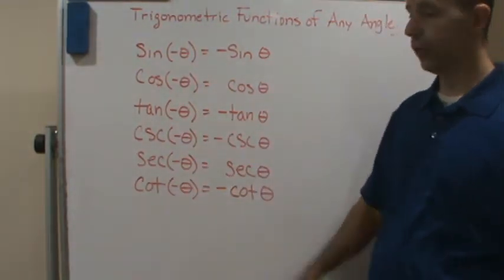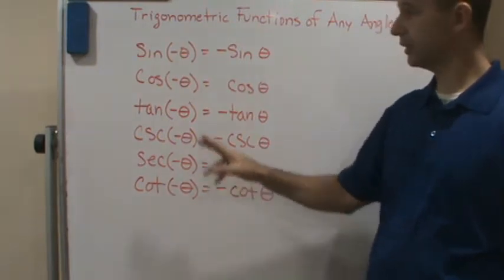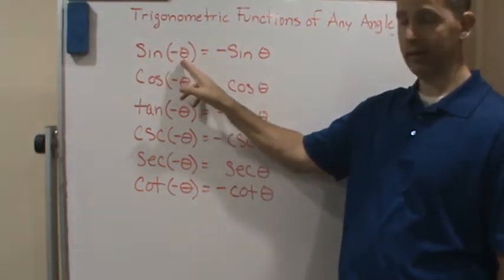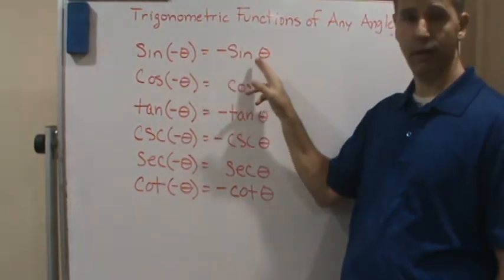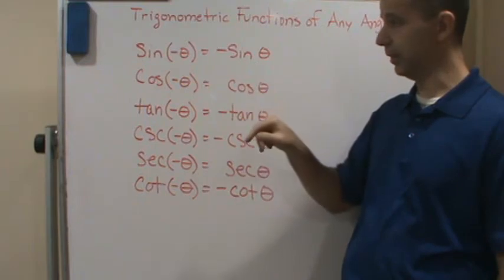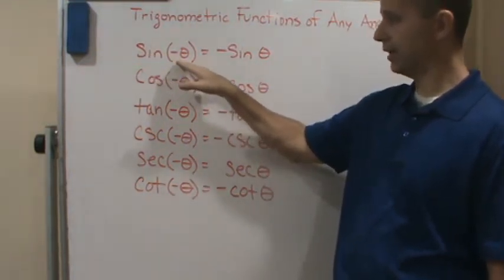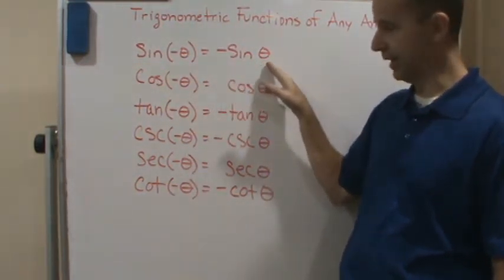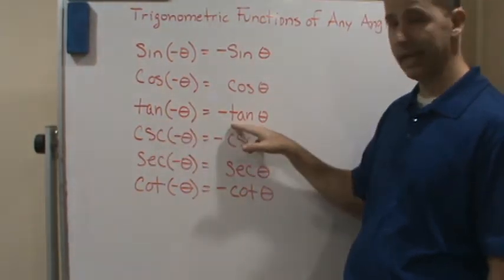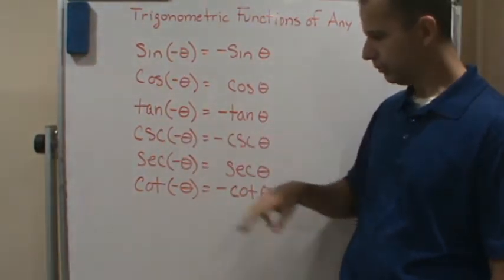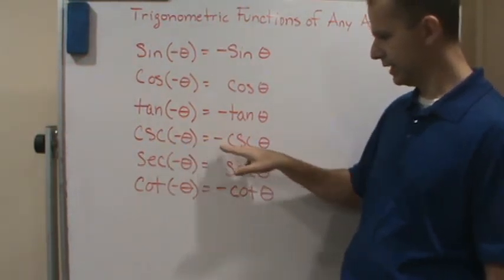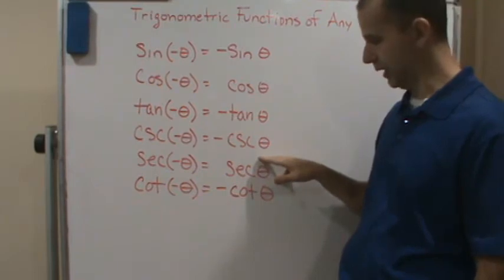So for all other trig functions, the function of the negative angle is equal to the negative of the function of the positive angle. Sine of negative theta equals negative sine theta. Tangent of negative theta equals negative tangent theta. Cosecant of a negative angle equals the negative cosecant of the positive angle, and so on.